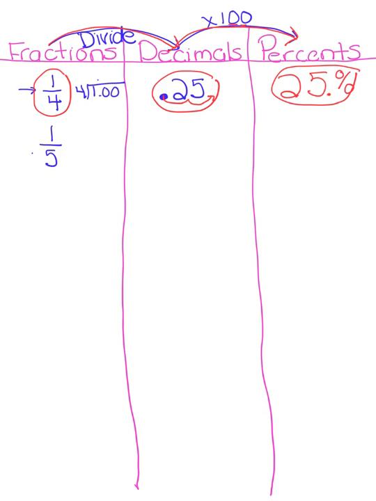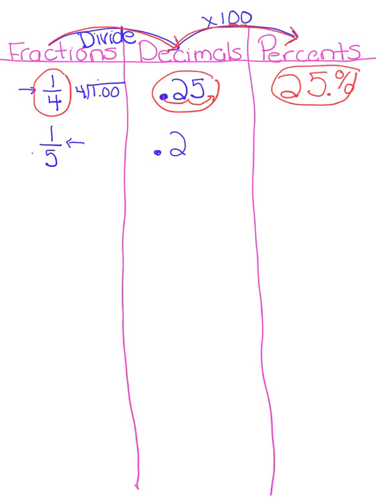1/5, 1 out of 5 parts. Grab your phone and remember that bar means division. So you're going to punch in 1 divided by 5. You should have gotten 0.2, 2/10.